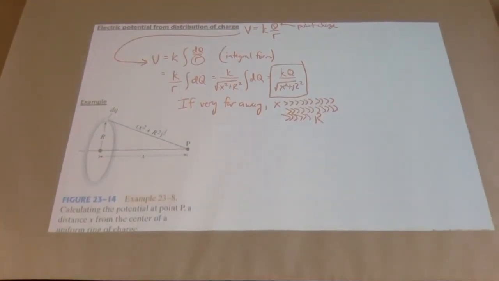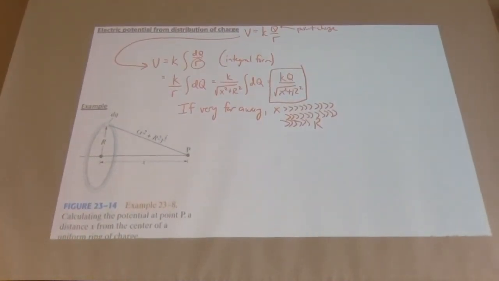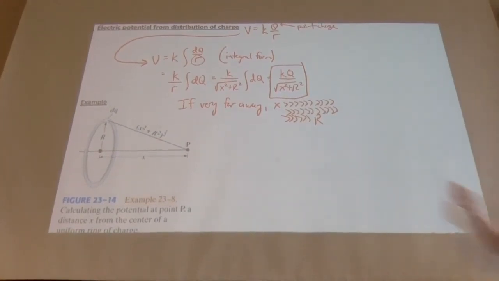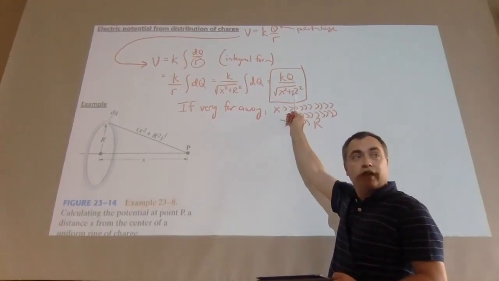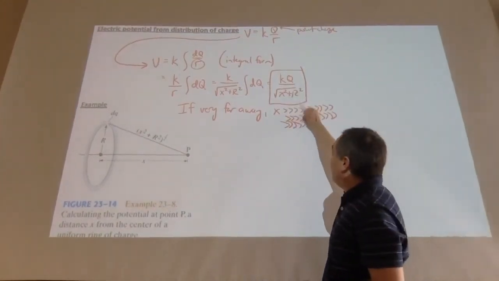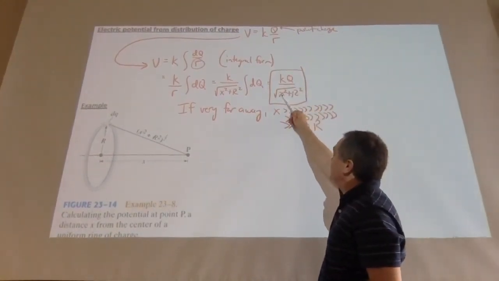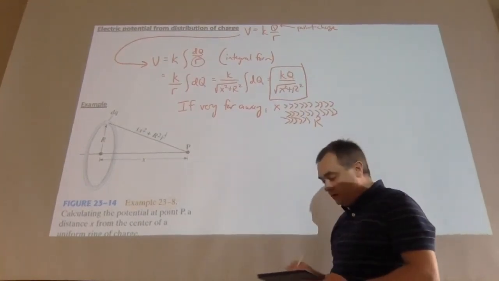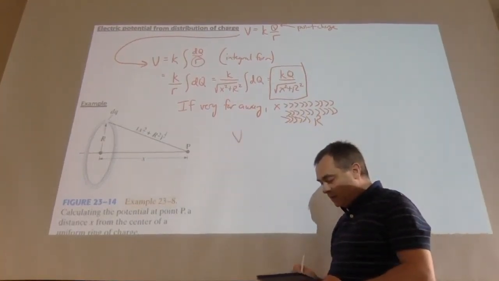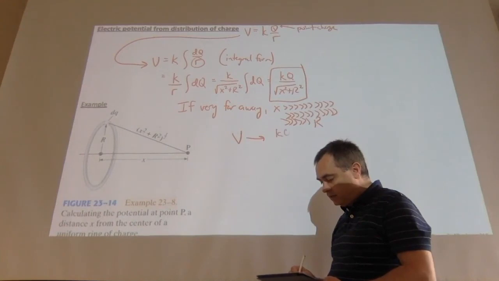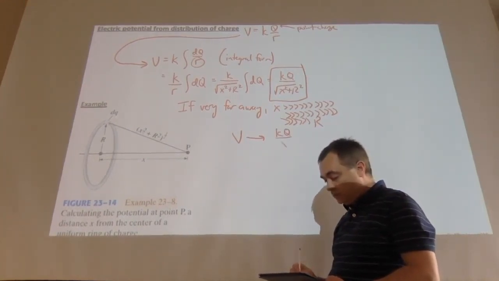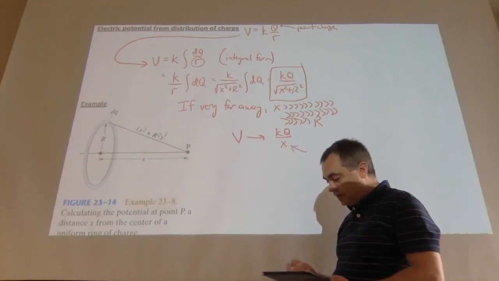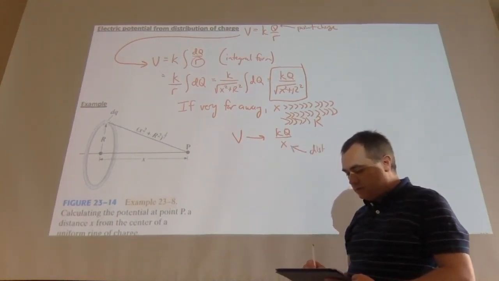Well, I can take a look at this equation and say that now x squared is going to dwarf r squared by comparison. So essentially the r squared isn't even there anymore, and I just have the square root of x squared, which means that my potential becomes kQ over just x, where x is the distance away.